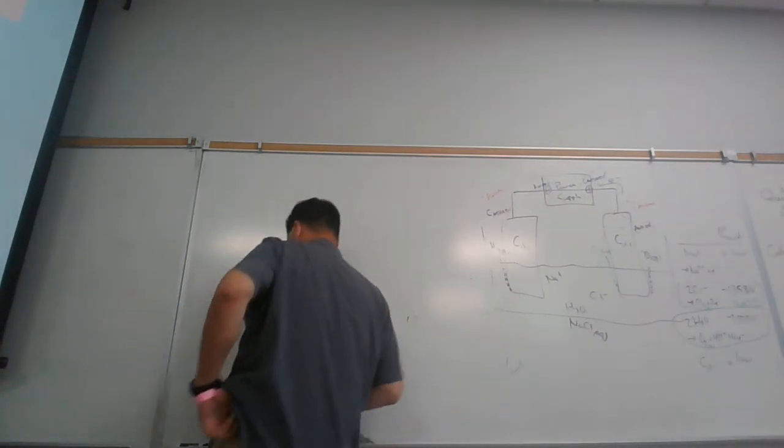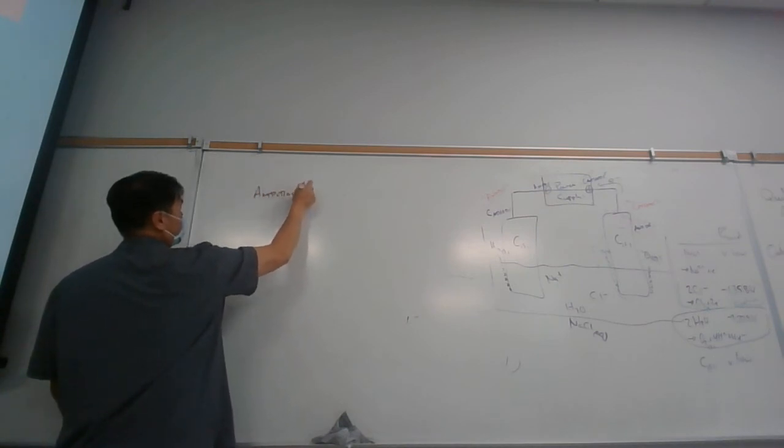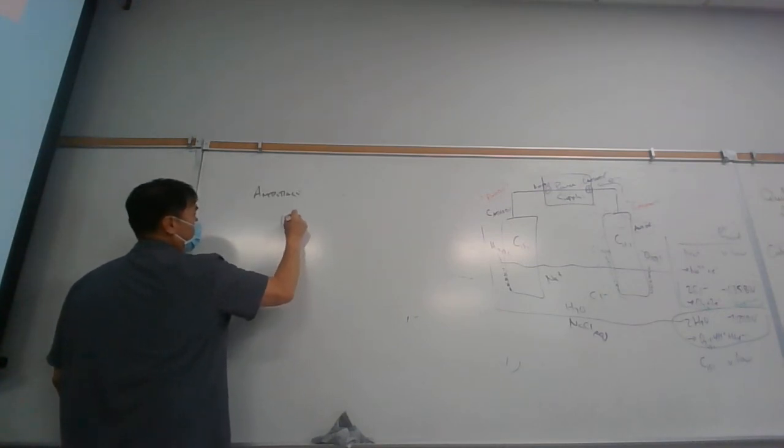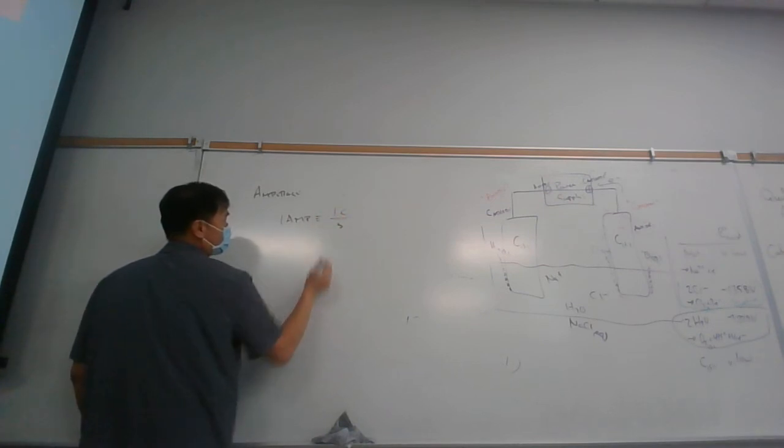And so the current is the most important. That's amperage, or amps. Amperage is the flow of electrons here, and 1 amp is defined as the flow of 1 coulomb's worth of charge in a second.